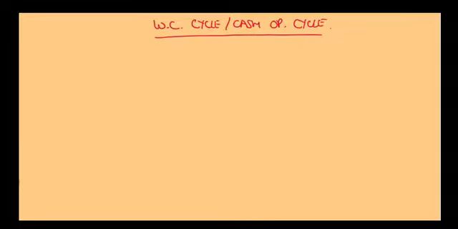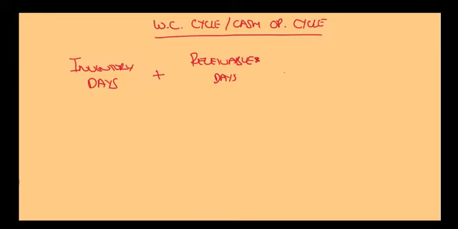It's the same idea. We call this, by the way, the working capital cycle, or the cash operating cycle, the cash management cycle sometimes. It's basically your inventory days, how long it's in inventory, plus your receivable days, how long it's in receivables, minus the fact that you don't have to pay people immediately.